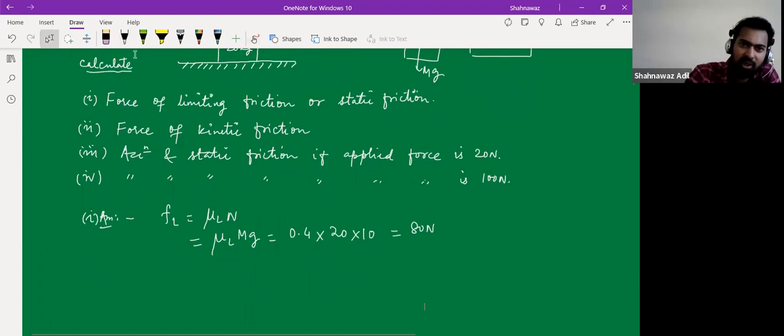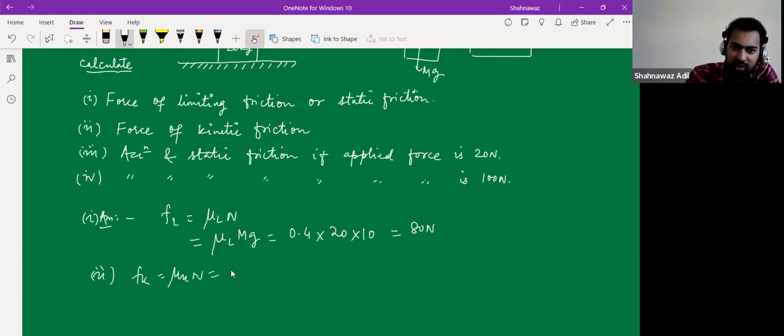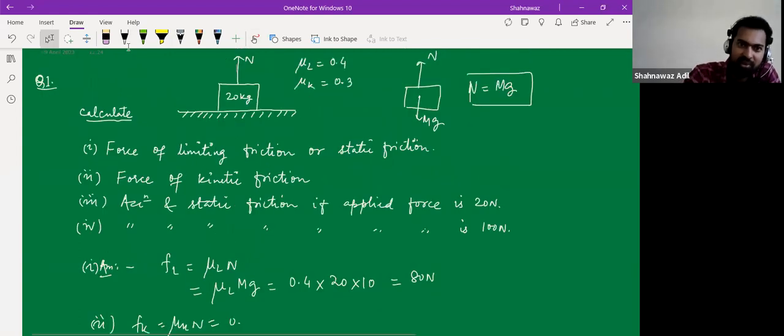And force of kinetic friction will be what? This is not actually moving, but yes, so 60 Newton, right? So Arpita has already solved. Okay, so the second one: Fk is mu k N, and mu k is 0.3. So as Arpit has solved, let's just say 60 Newton, right?